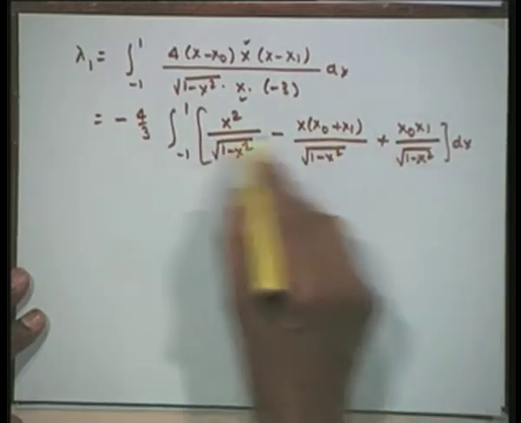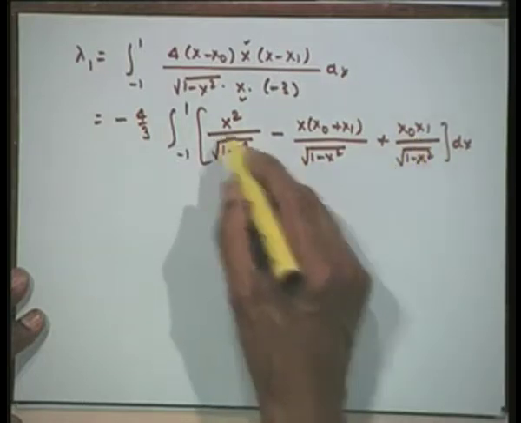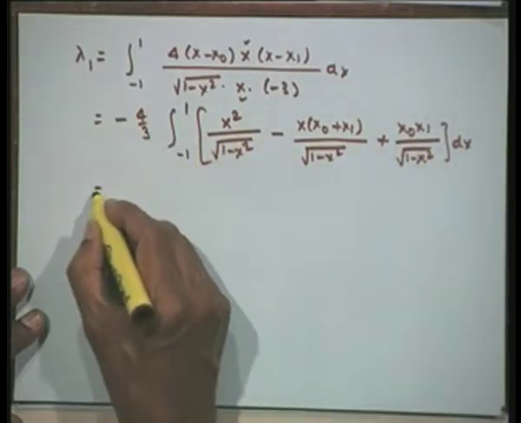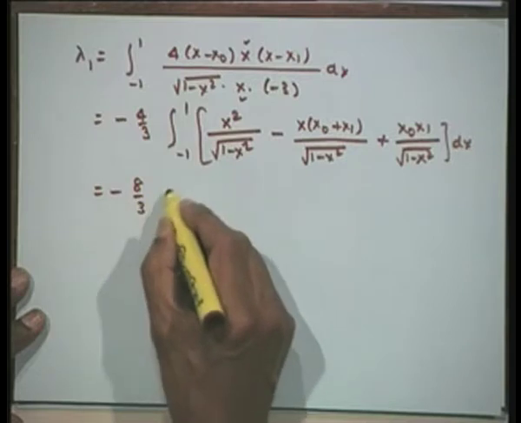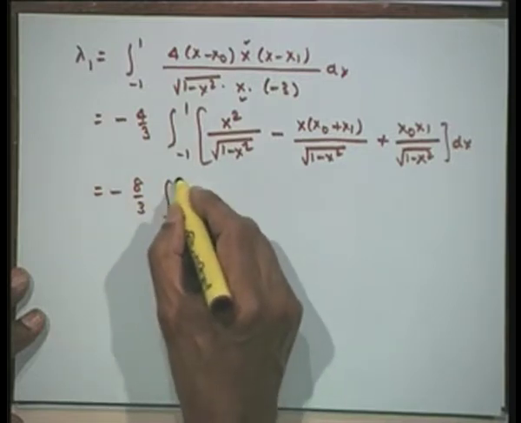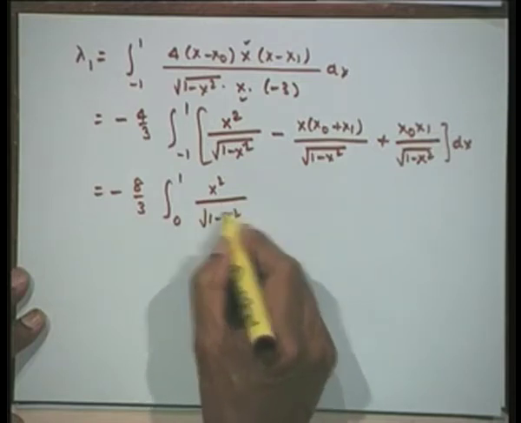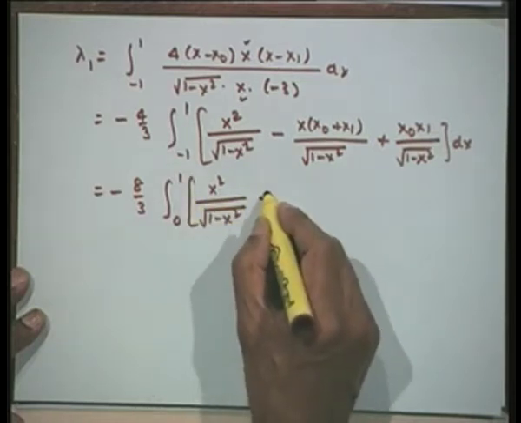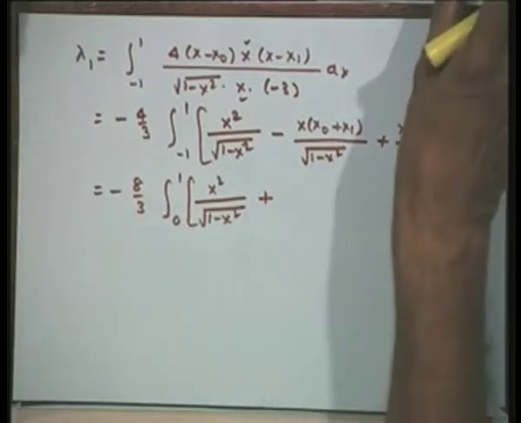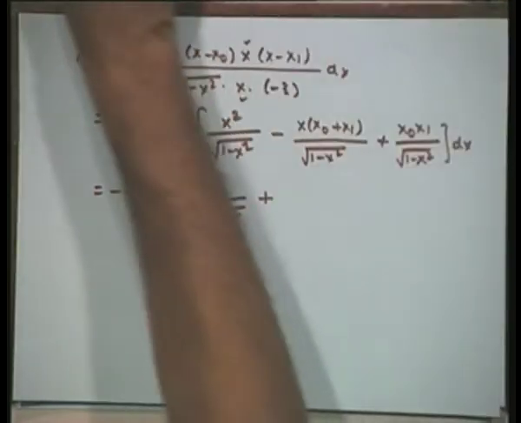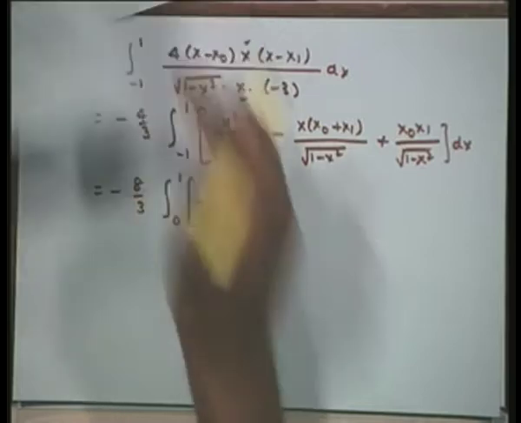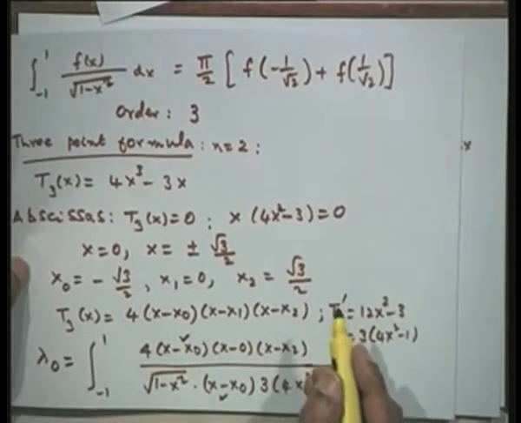So we will have contribution only from these two integrals, and this is even, this is even. So I can now write this as minus 8 by 3 integral from 0 to 1 of x squared upon under root 1 minus x squared, plus, now we have found the values of x naught and x 1.